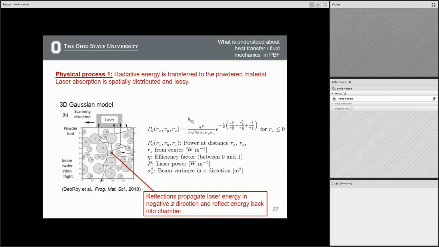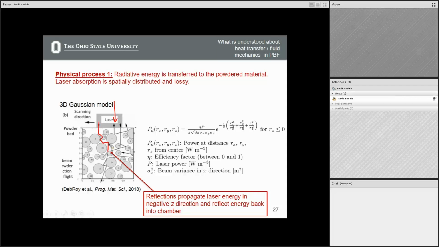Okay. So the idea behind a 3D Gaussian model is that you have laser energy coming in, okay, in this direction, and then it's absorbed in a fairly random manner by powder. Okay, so you have this powder, and this is kind of a cross-section. This is just a bunch of powder that's kind of packed together, and so some laser energy actually gets fairly deep into the powder bed, right? Because it reflects on this powder particle, then this one, then this one, this one.